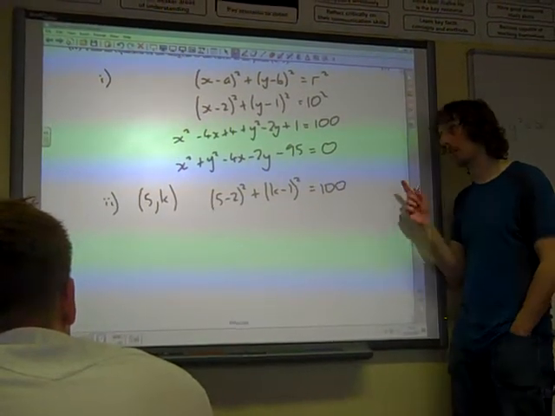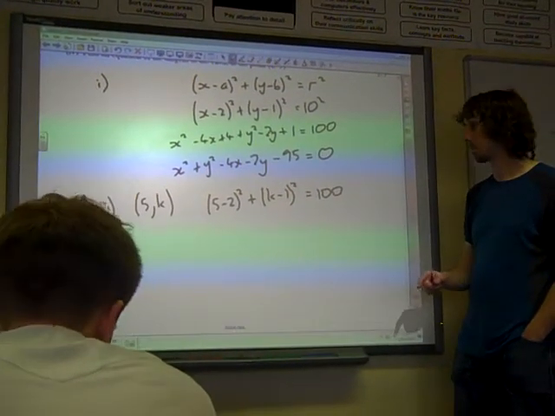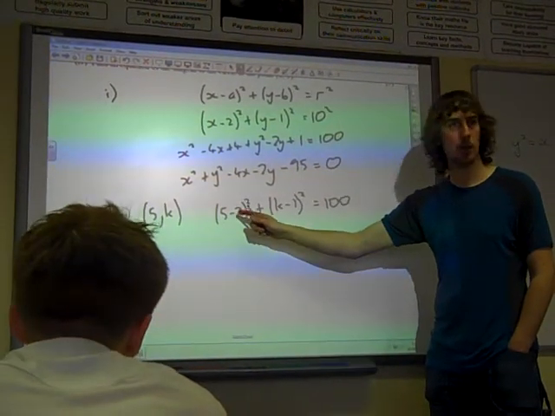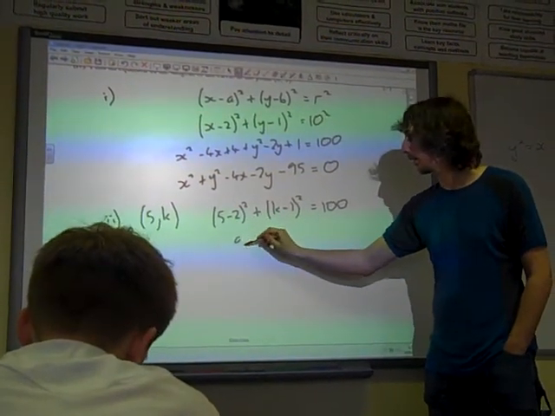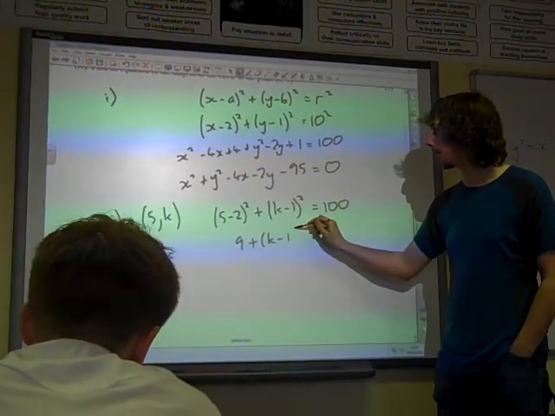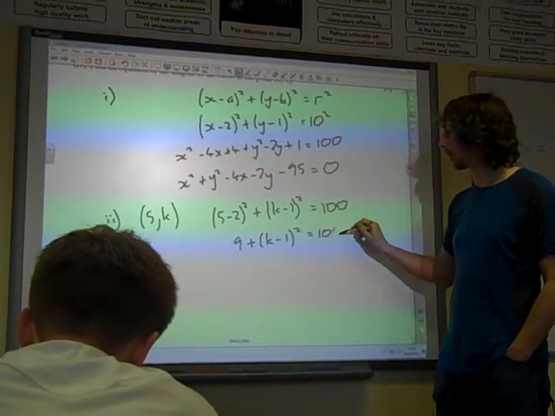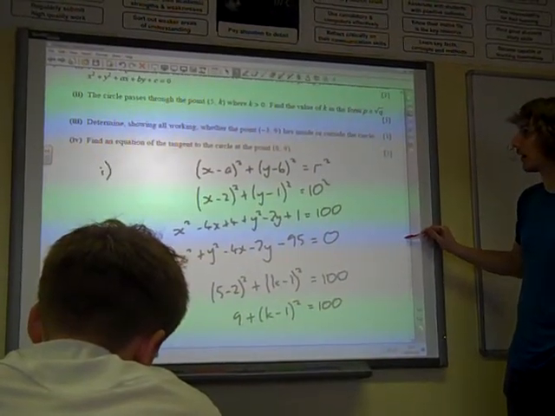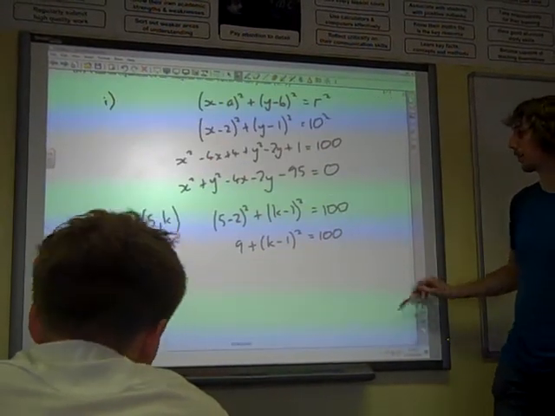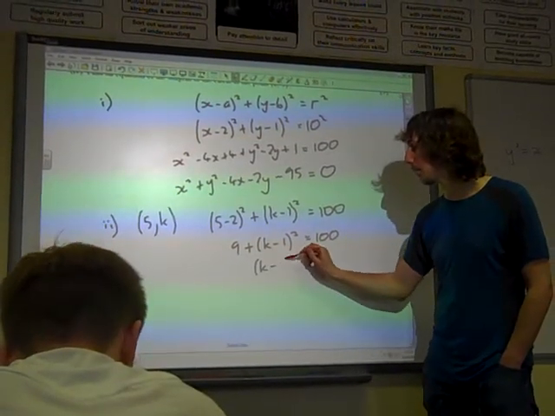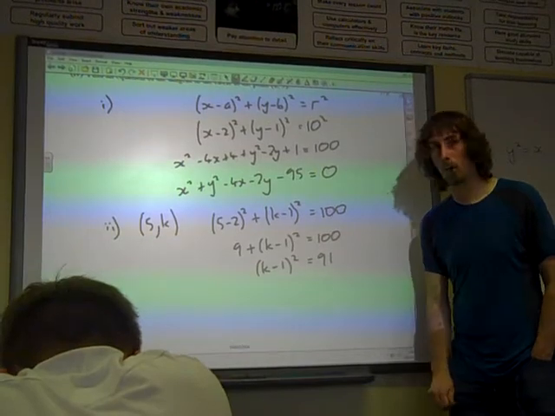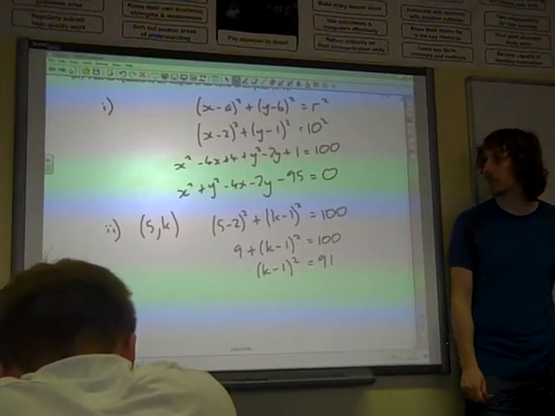And the question wanted us to find k. 5 minus 2 is 3, squared is 9. So (k minus 1) squared is 91 if we take away the 9 from both sides.